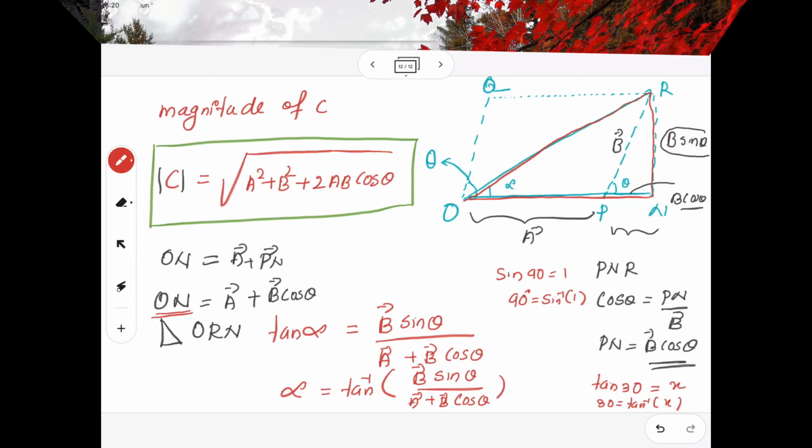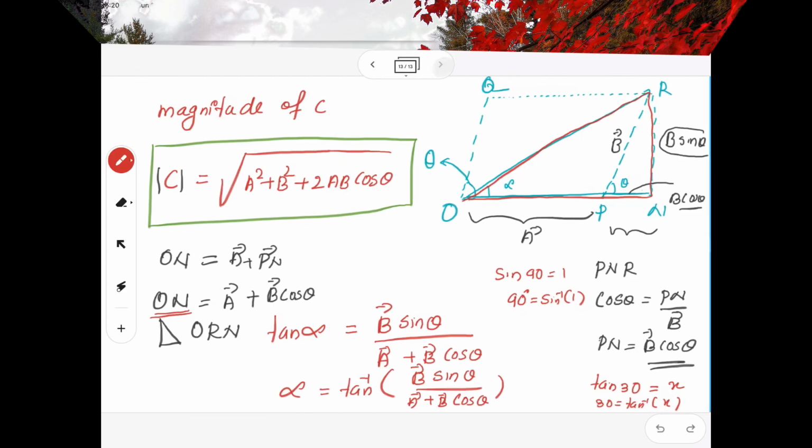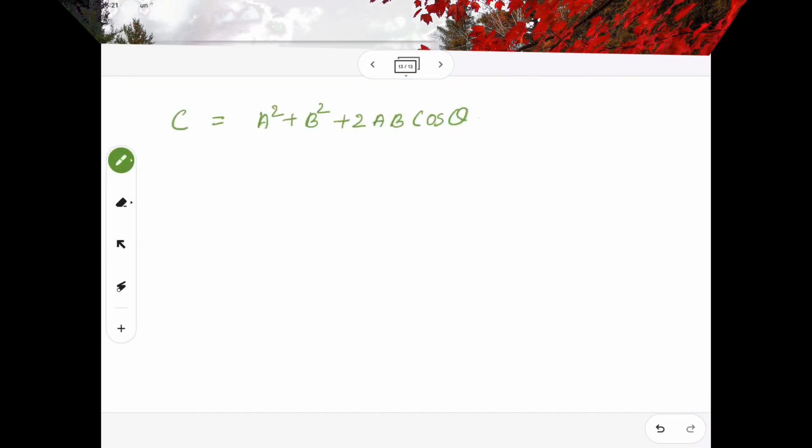Now in the above diagram, the equation for C is root of A square plus B square plus 2AB cos theta. I am just rewriting the above equation. If theta is equal to 90 degrees, what will happen to the above equation?